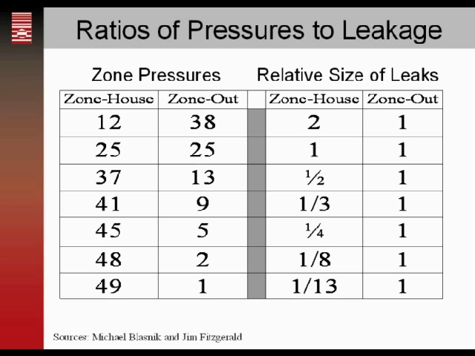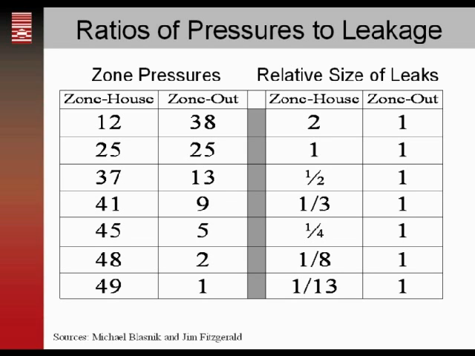On the right, it's showing that when you have instances like that, the house to zone leakage and the zone to outside leakage are the same. So the size of the leak between the house and the attic is the same as the size of the leak from the attic to the outside.